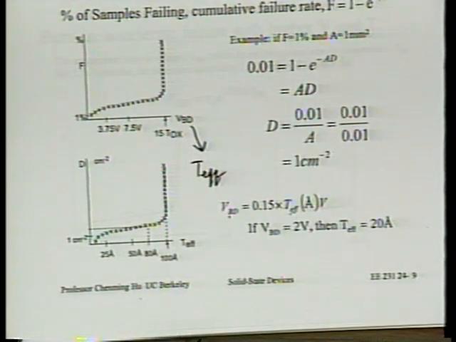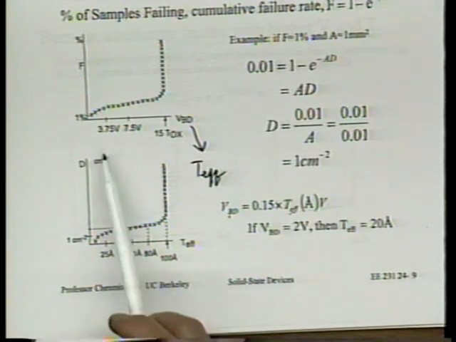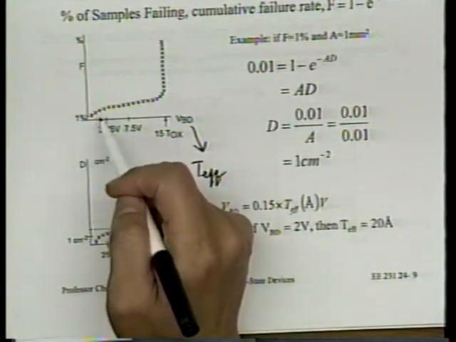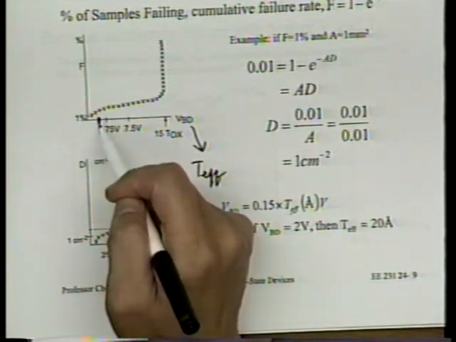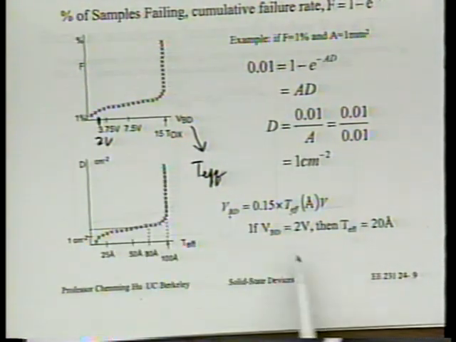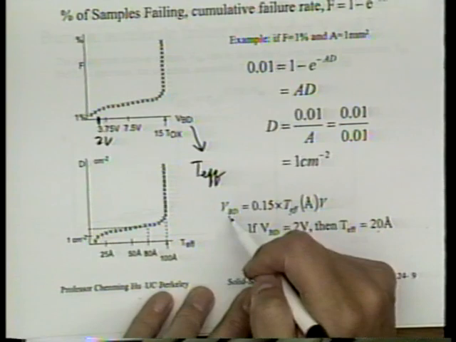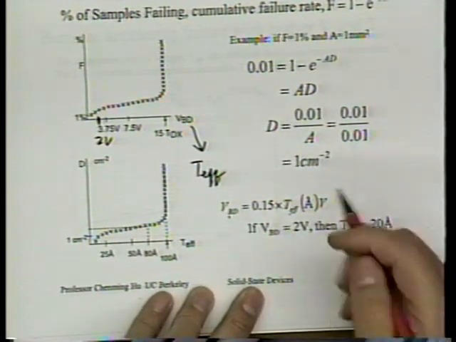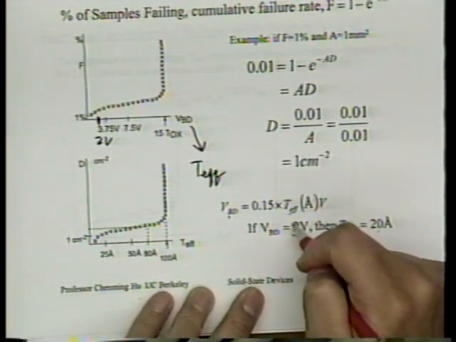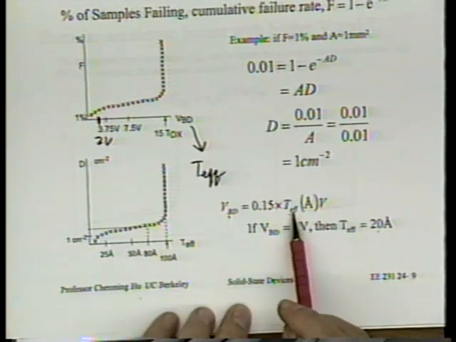For example, suppose I have a point at 2 volts. No, let me call it 3 volts, sorry. If it's 3 volts, if you put 3 volts on the left-hand side, this will become 20 angstrom.